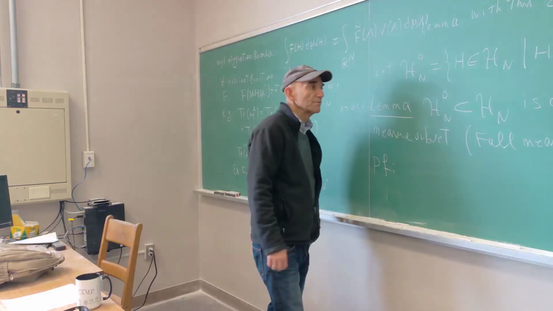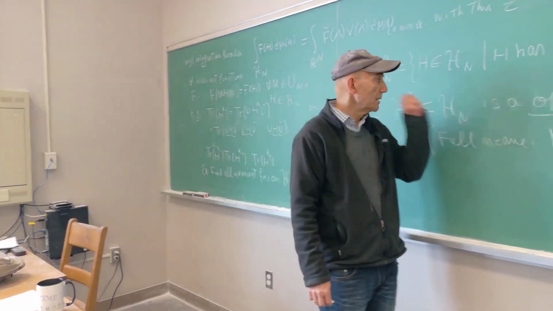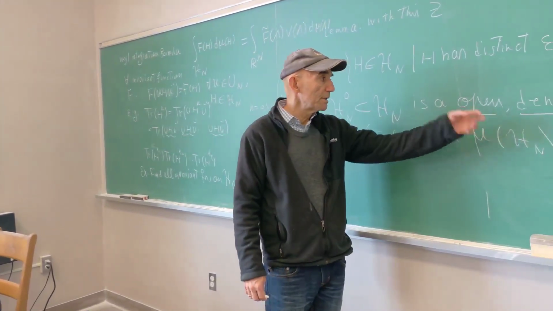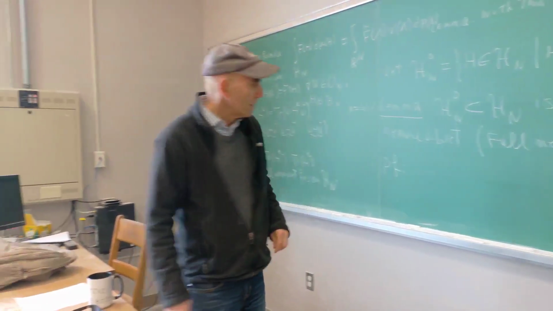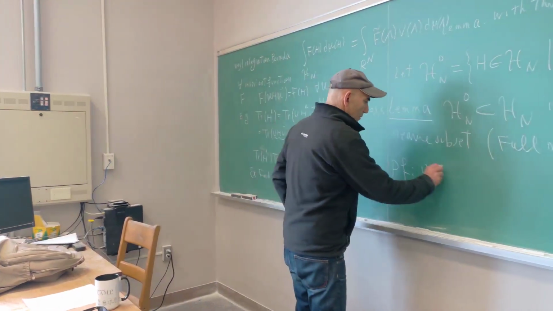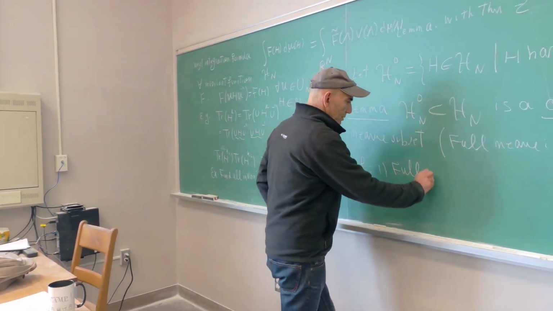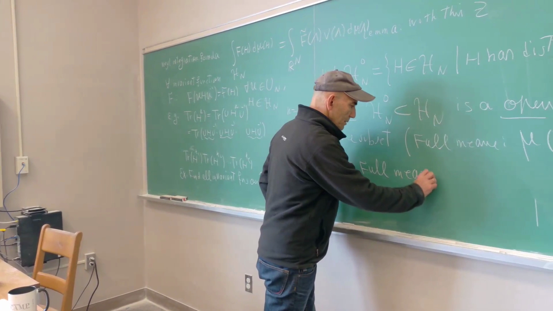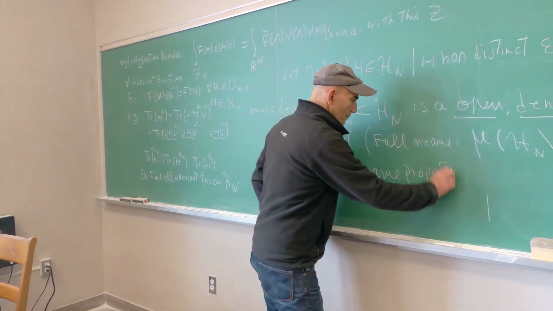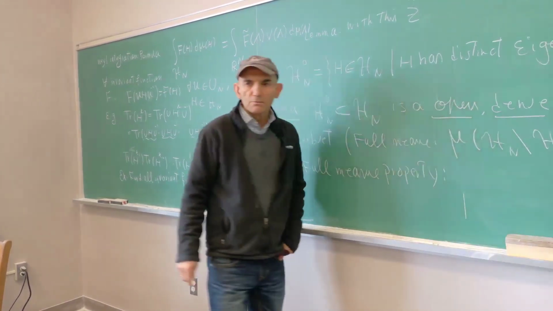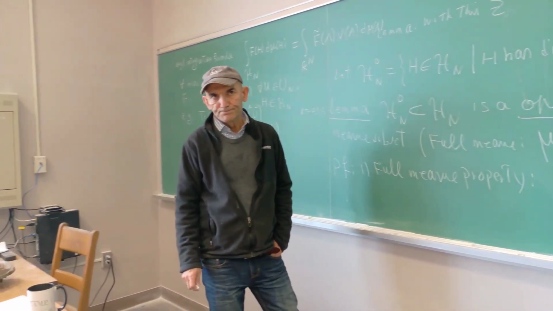Yeah. So now, how to prove this? There are three statements we have to prove: that it is open, dense, and of full measure. So the full measure property, let me do it first. We need a proposition.